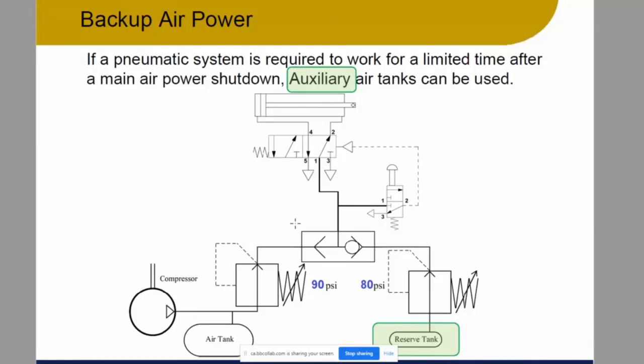It's not a very common event, especially in Ontario, Canada, or even North America, but every once in a while the power does go out. If the power goes out, my compressor is going to stop working, and I'm not getting pressurized air. But I have this air tank, which has a certain amount of air in it, and it can still run the system for a little while.